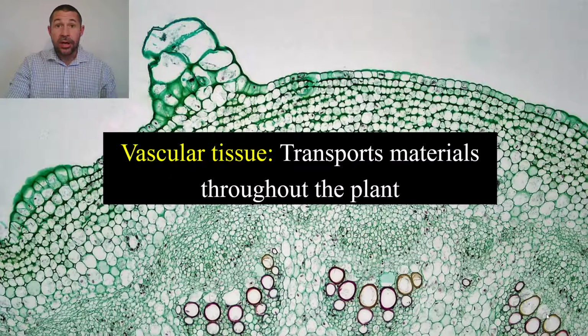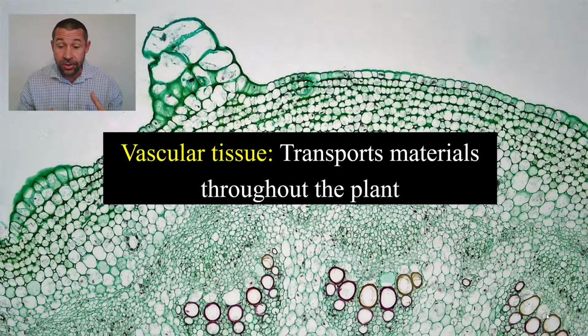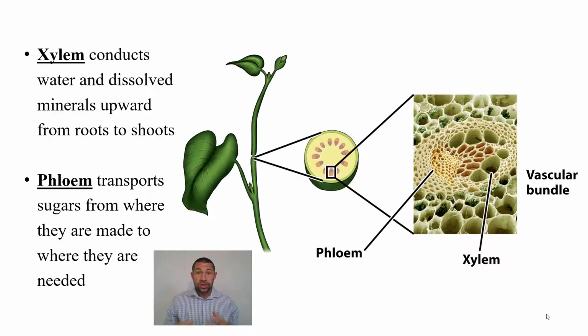The primary function of the vascular tissue in plants, just as in animals, is the transportation of materials. Two important structures that you need to be familiar with in plants are the xylem, which starts with an X, and the phloem.